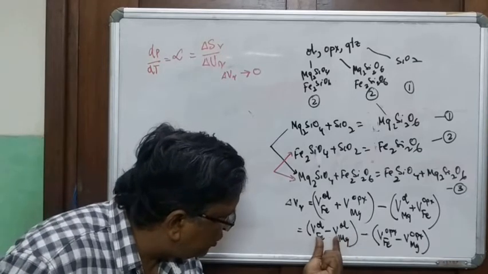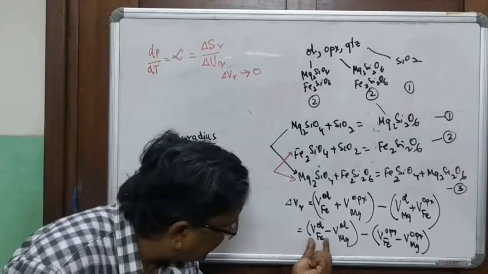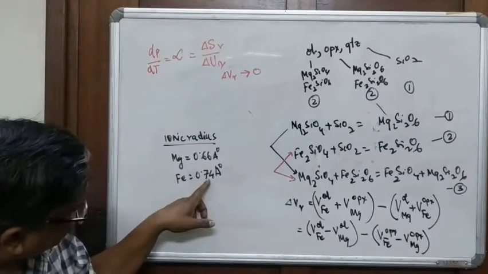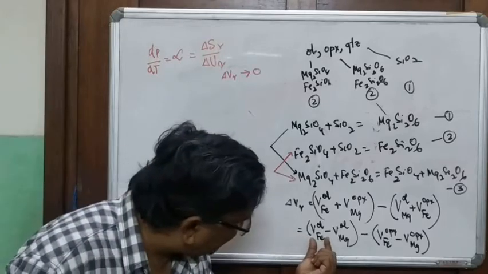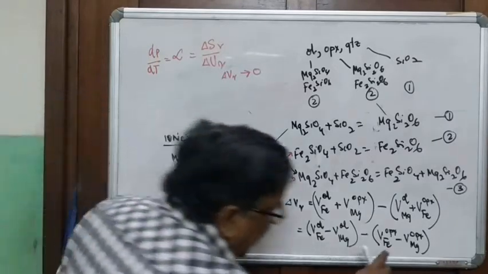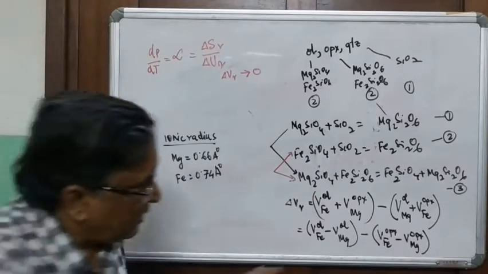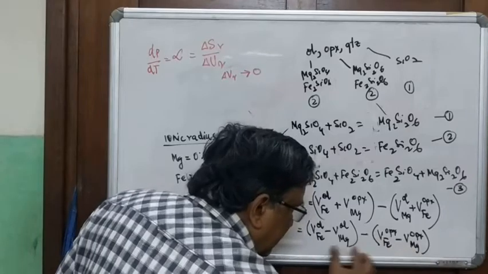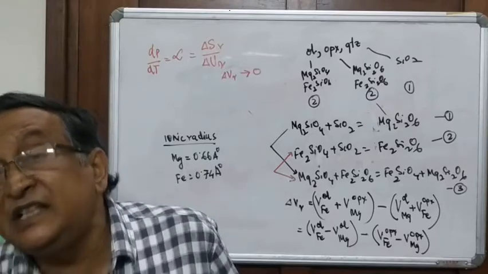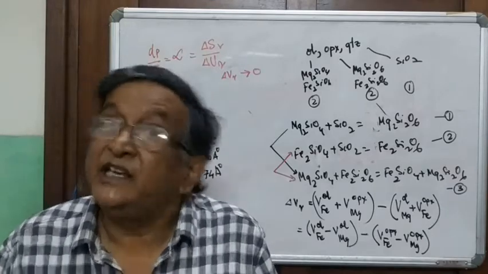If so, then you will have a small positive value, because it's iron minus magnesium. Iron is the one with the higher ionic radius. And again, if you go here, this will be a small positive volume. But this small positive and this small positive are separated by a negative sign. So your delta V is essentially a very small value. Have you understood?